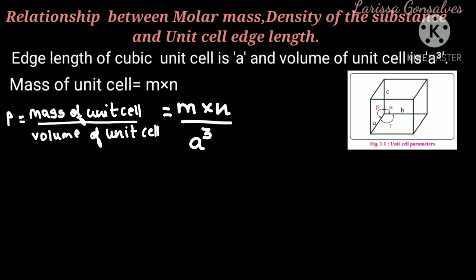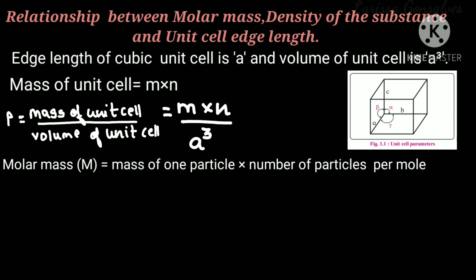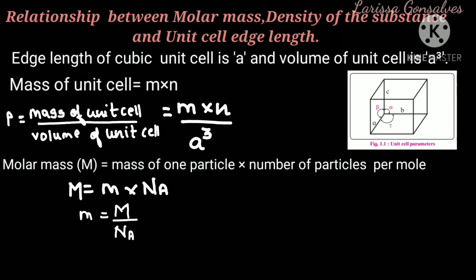The molar mass, denoted by capital M, of the substance is given as mass of one particle times number of particles per mole, that is Na, the Avogadro's number. Hence, M = m × Na. So if we take the mass out, we get m = M/Na.